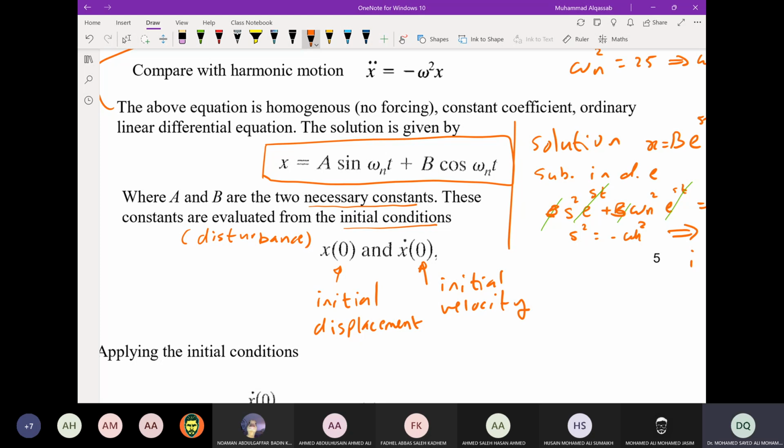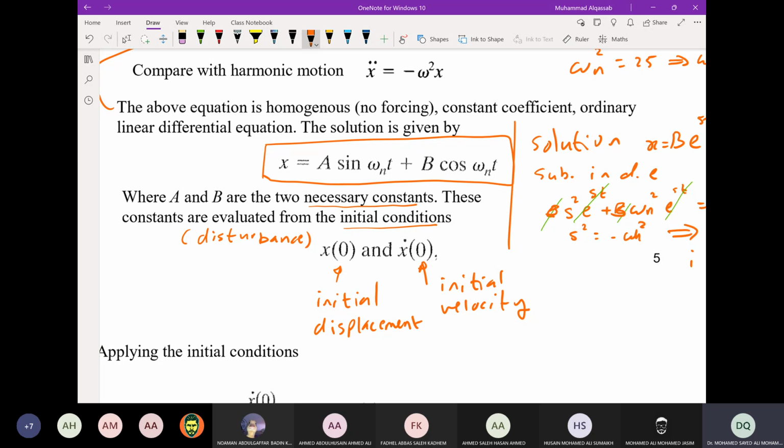You can have both of them given non-zero, or one of them is non-zero. If both of them are 0, it means x is 0 for all time. For example, the pendulum, when the pendulum is not disturbed from equilibrium, it will stay vertical.